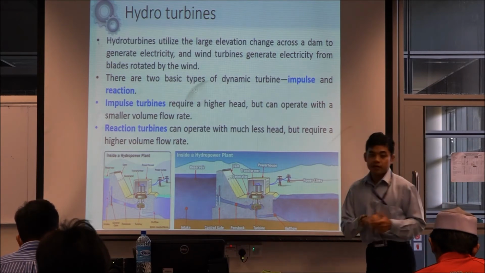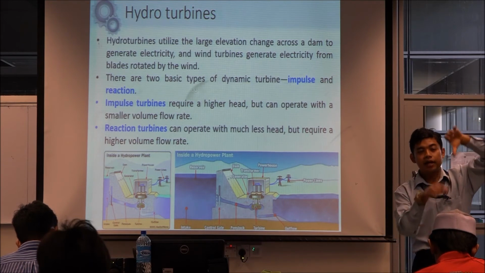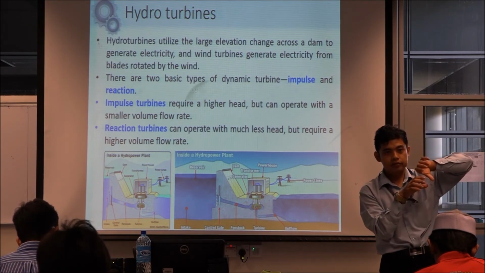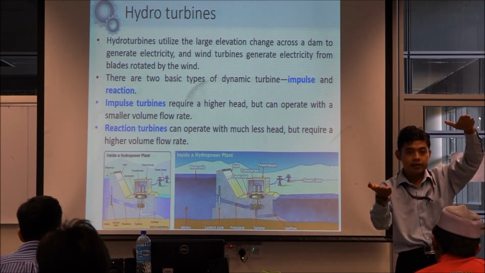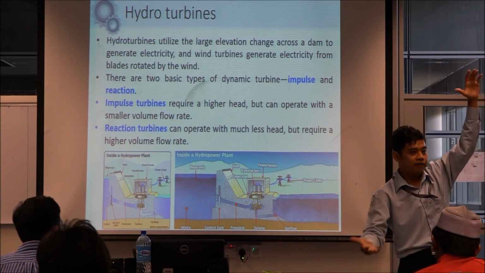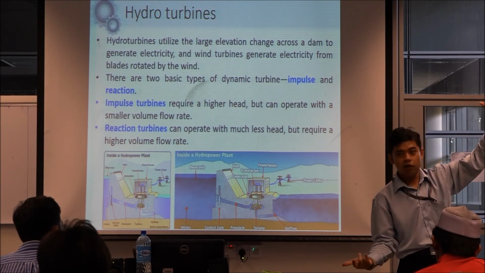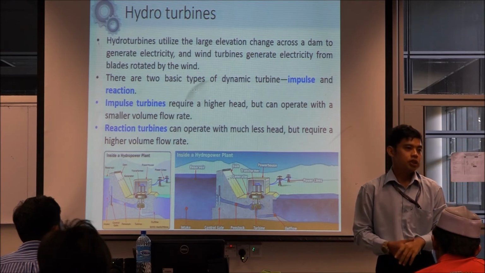Okay? Impulse turbine is good at high elevation, if you have high head but low flow rate. Reaction turbine is good for low head but high flow rate. The best, of course, is if you have a high head and high flow rate, like over there, 110 meters, and the flow rate is huge.